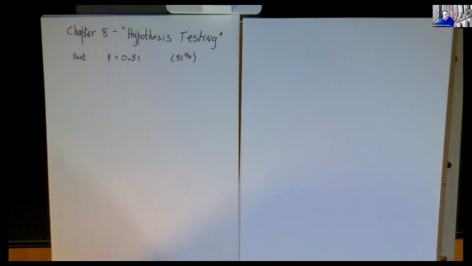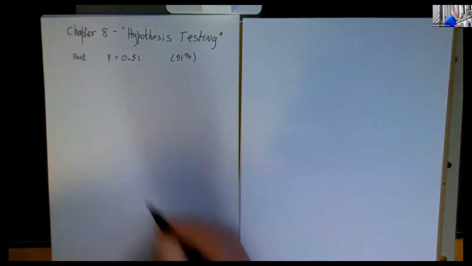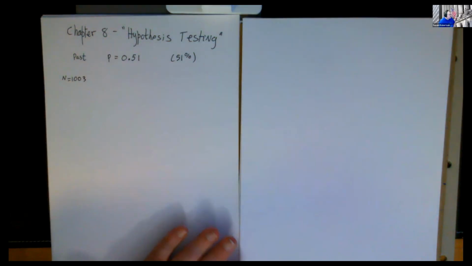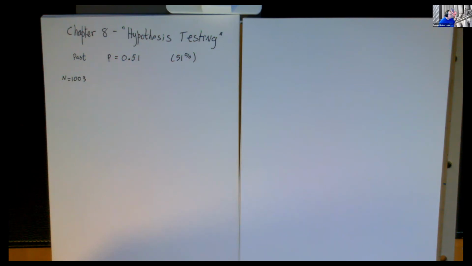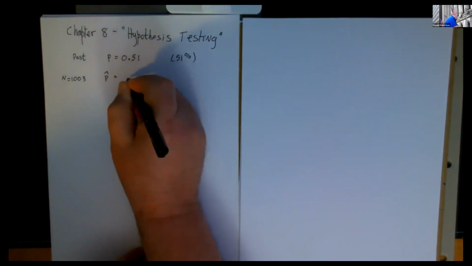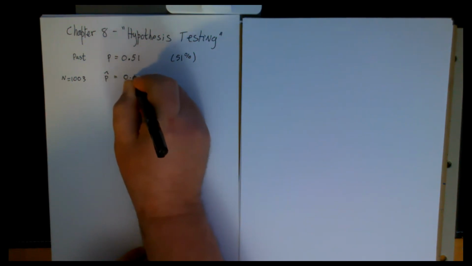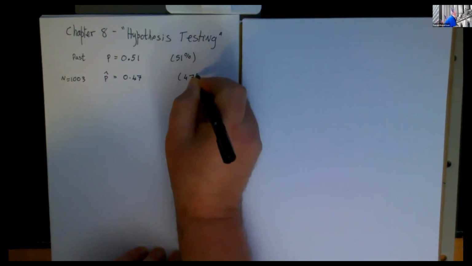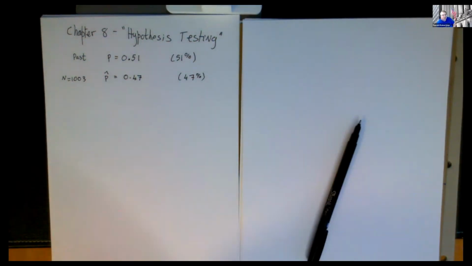Now, a social scientist has a feeling that that percentage today is much smaller. So what that scientist did is, he got 1,003, just to be awkward, 1,003 people, a nice random sample with all the usual things in place, and he found out that only 40% of them were regular smokers.